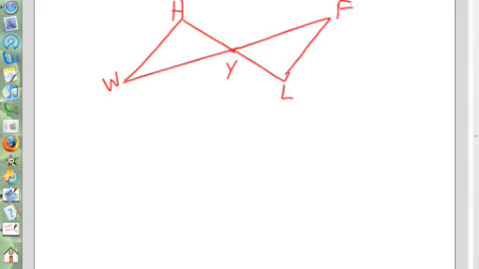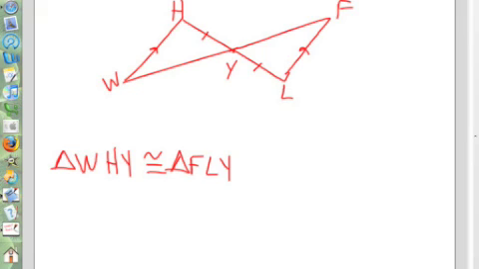If we are given first that HY is congruent to LY, and that this is parallel to this, how could we prove that triangle WHY is congruent to triangle FLY? Angle H is an alternate interior angle of angle L, so they're equal.